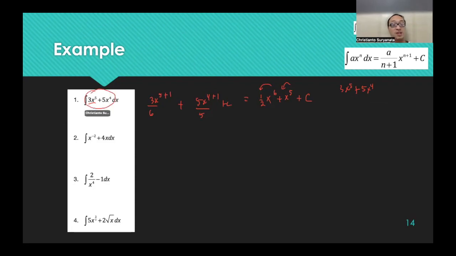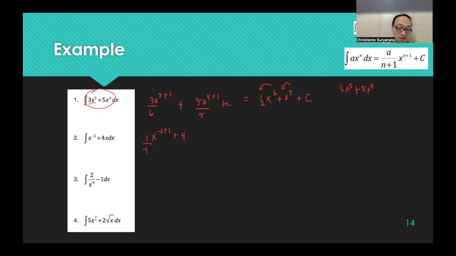When you have addition, you can integrate it individually. So number 2, integral of x to the power of negative 2 plus 4x. So for x to the power of negative 2, I will add by 1 and then divide by the new power. The new power is negative 2 plus 1, so negative 1.